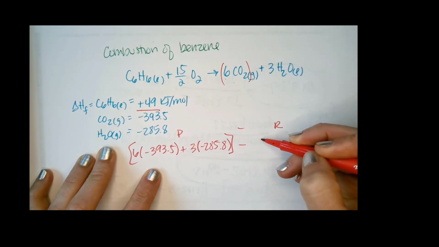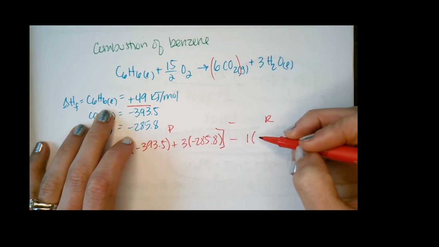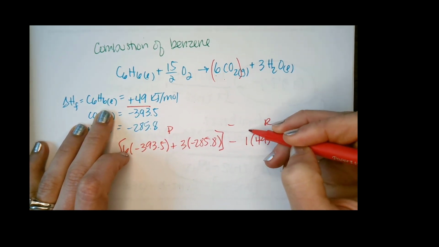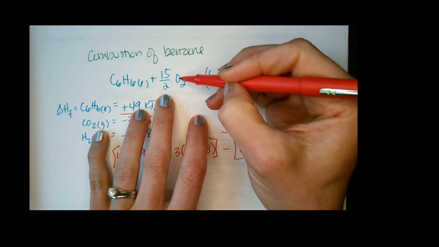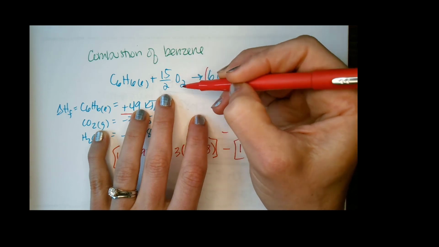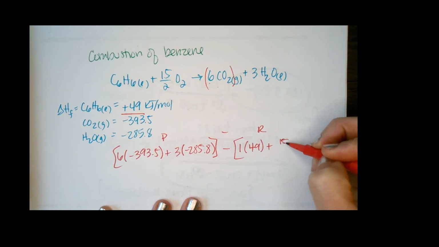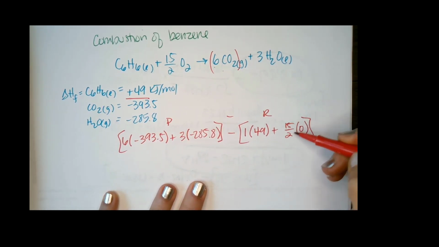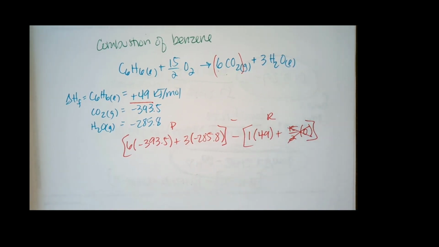So let's do minus. There's 1 mole of benzene, so 1 times 49. And remember, lone elements that are in their natural state are 0. If you really want to put 15 halves times 0, go for it, but you don't need to, because anything times 0 is going to be 0. So 49 plus 0, we can just leave it off.